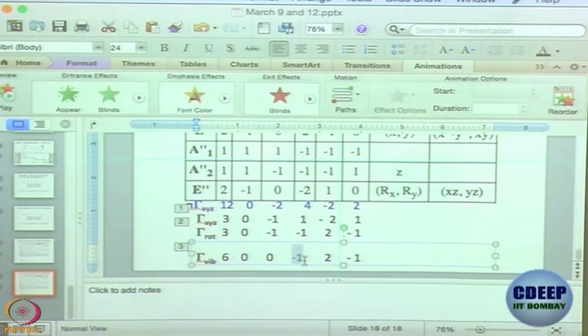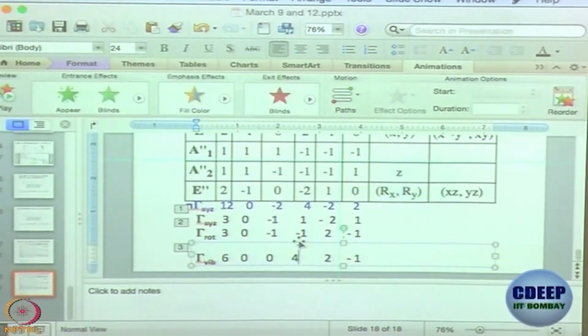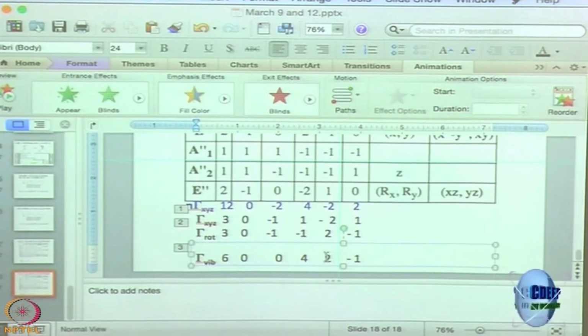Then what do we have? 4 minus 1 is 3, right? Minus 1 is again 4. Is that right? Is that 4? See, I am not very good at mental arithmetic, so you need to tell me when I go wrong. Then minus 2, isn't it?